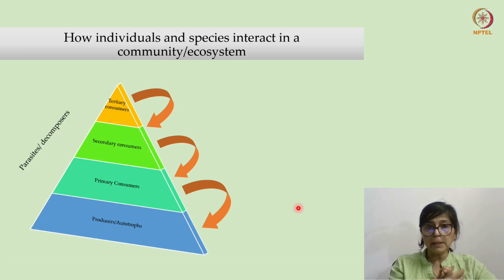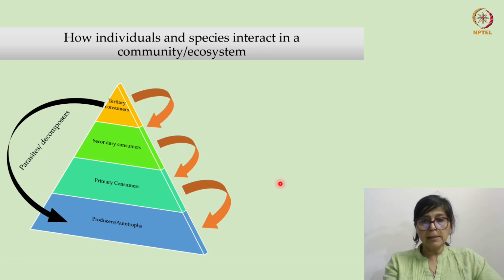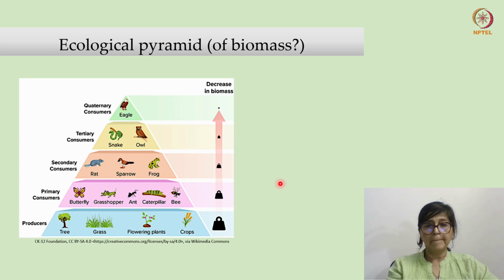Decomposers will eat primary consumers also, secondary consumers also, and they will feed on carcasses. So this is how it is tied up. And parasites, as I have put on the side, you can see, can affect all these different levels of the ecosystem. So if you take this as a basis, now let's proceed to the next slide.